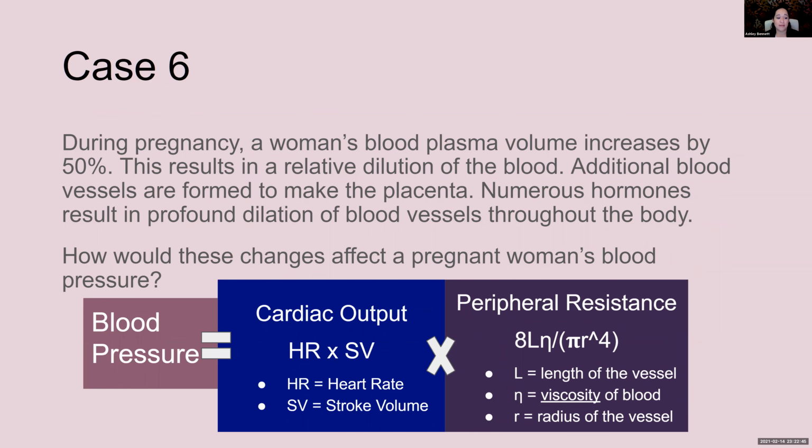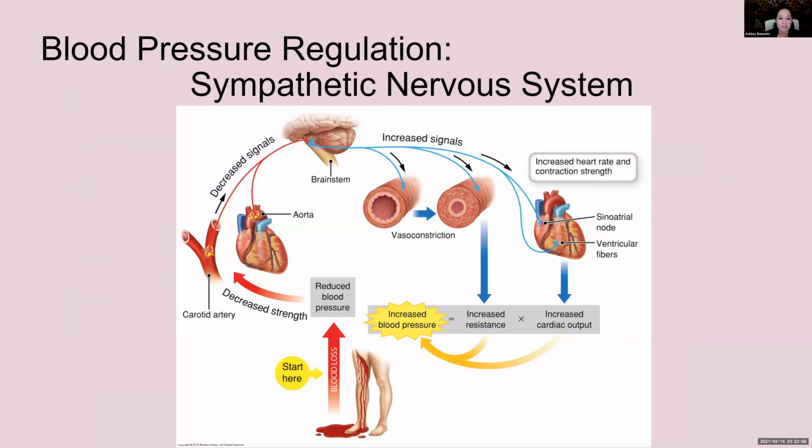And that's why it's pathologic if her blood pressure is high. So if you don't understand that, go through it again, take the time to figure it out because you really just have to follow the algebra. So let's talk about blood pressure regulation.